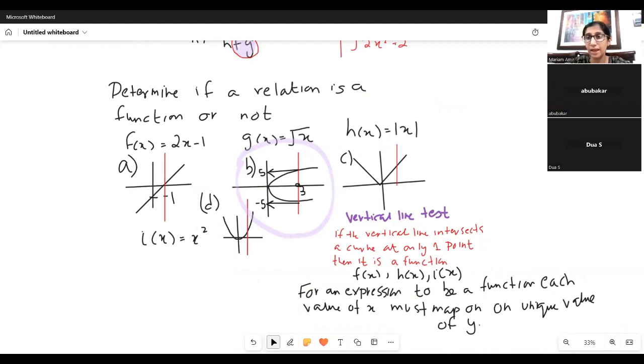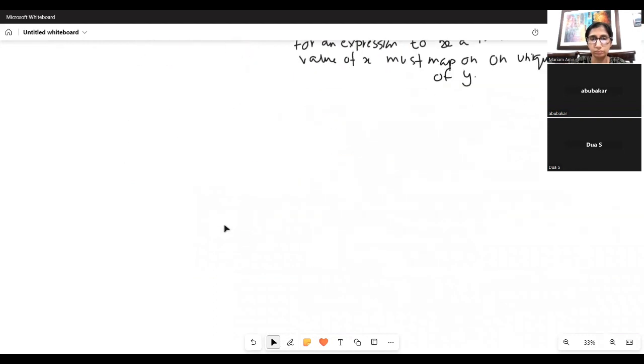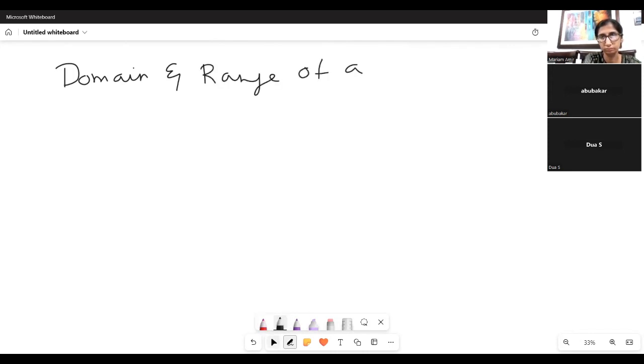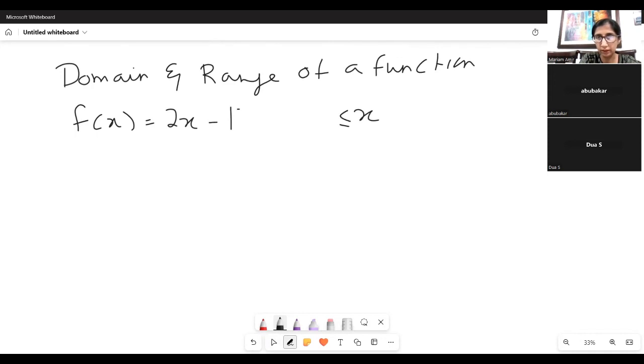Let's talk about domain and range of a function. We will write a function f(x) equals 2x minus 1, and x goes from -1 till 3.